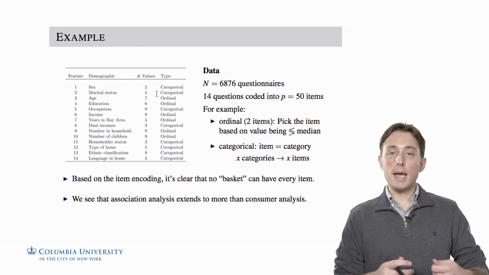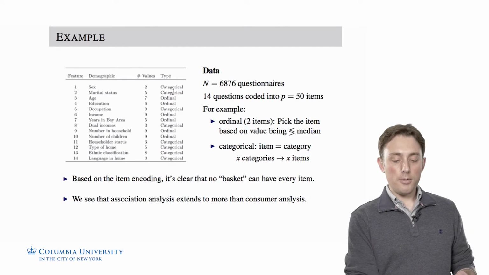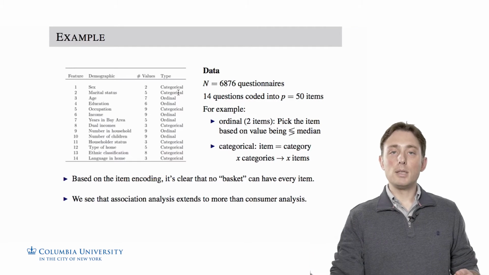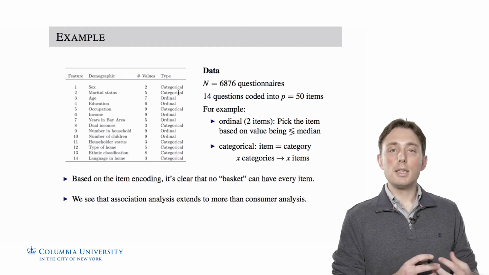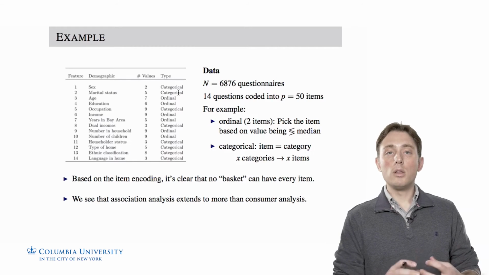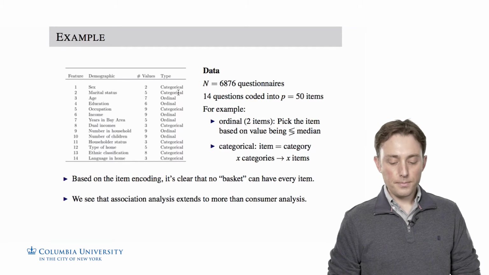You can think of a person's questionnaire as being their basket, and for the marital status, they picked one of 5 different items and put it in their basket. So in this case, only one of those 5 items could appear in the basket, and there had to be one of the 5 items in the basket.